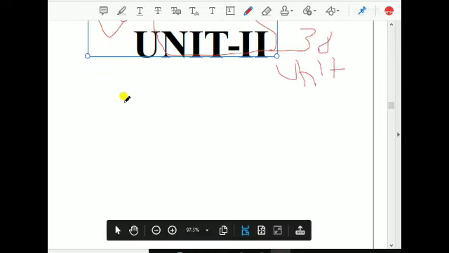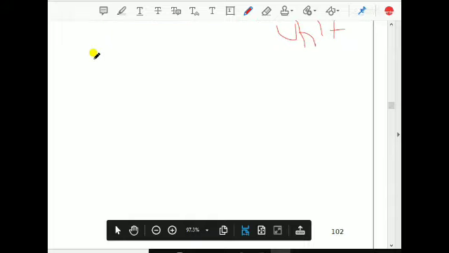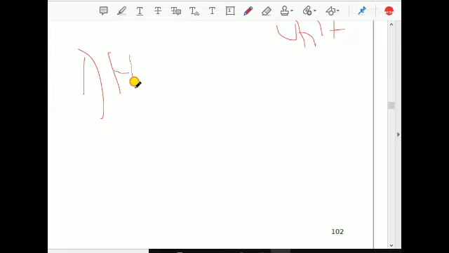So I will explain what we have studied today. Today, first we have studied flowchart. Second, I think we have studied if-else statement, the conditional statement.